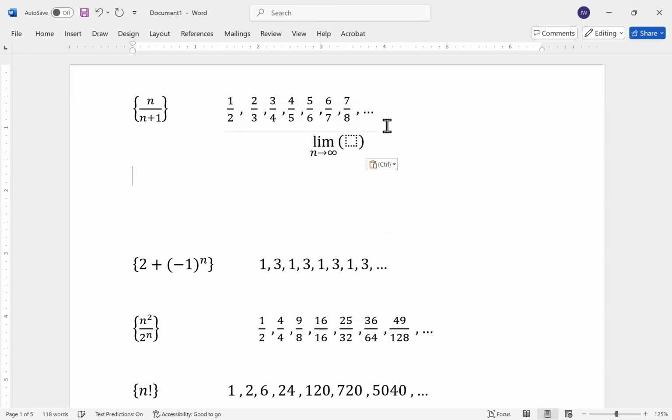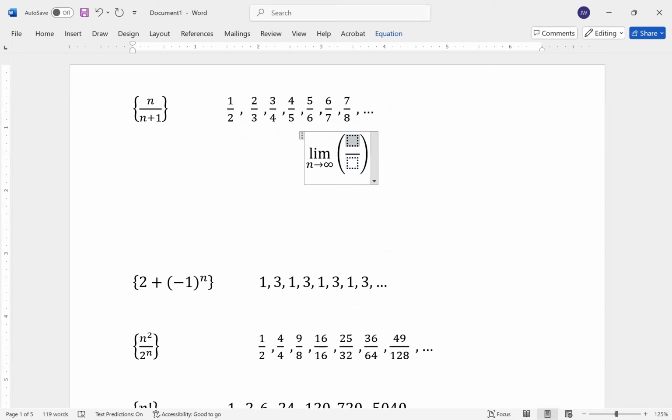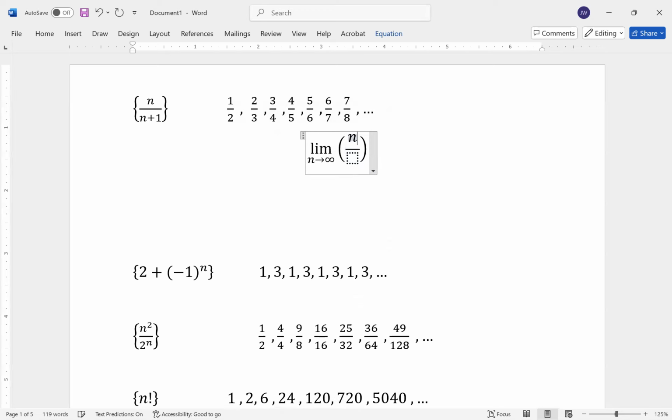Or we could say we're using a limit as n goes to infinity of n over n plus 1. And I can use all of the tools that we know with functions, just like when I took the limit as x goes to infinity of x over x plus 1.